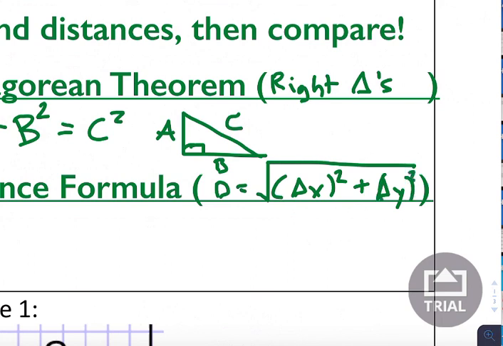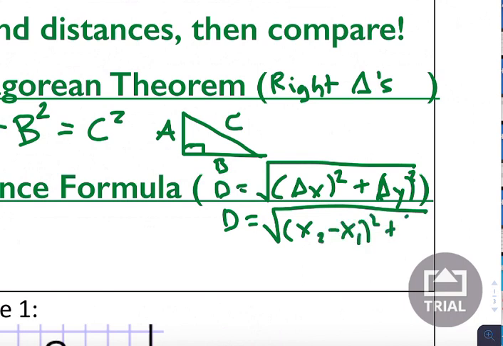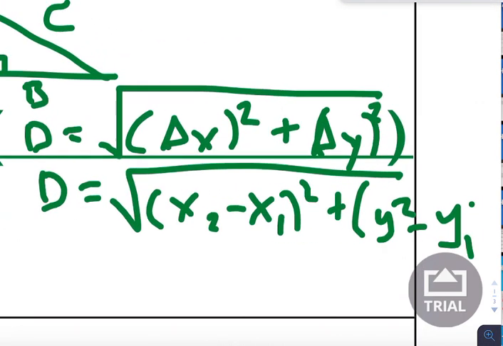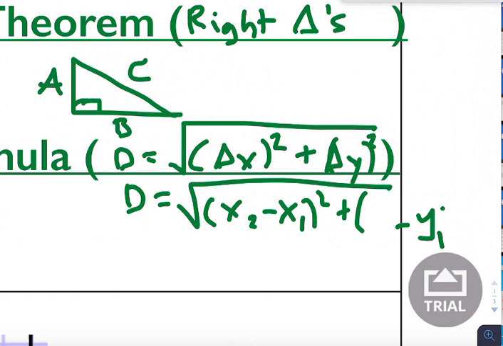Now, the alternative version of this is that we have x2 minus x1, which is the actual calculation, plus y2 minus y1. That should be written y2. All right, and then square it. And so it doesn't really matter which version of the distance formula you use. I prefer the first because I just like to count versus calculate with negatives, but that's up to you.